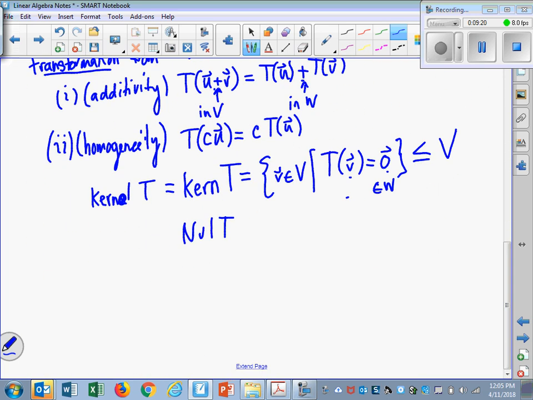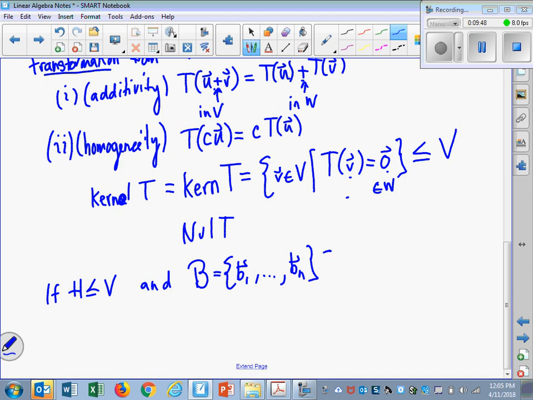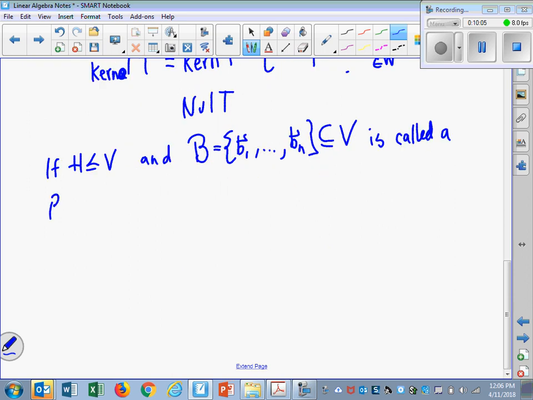If H is a subspace of some other space, say V, and we have a set of vectors B, which we'll call b1 all the way through bn, and let's say these vectors in B come from the space V, then this special set is called a basis for H if two things are true.